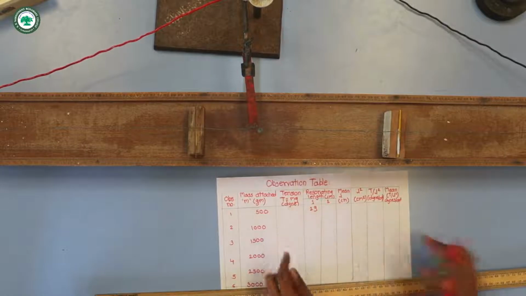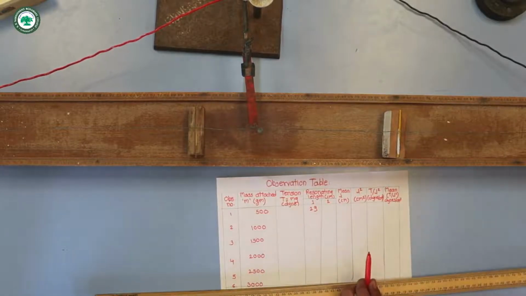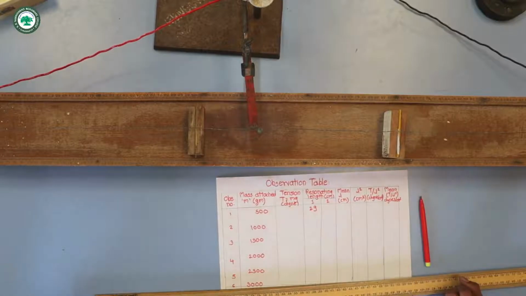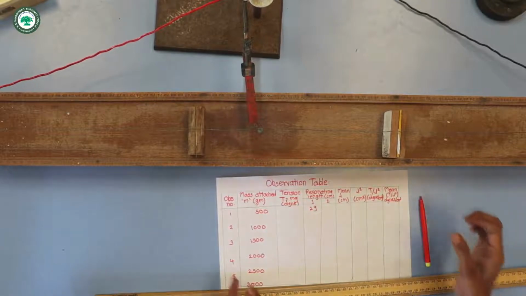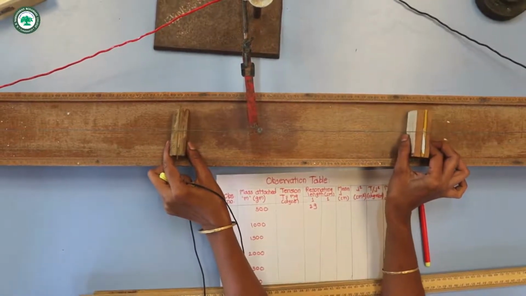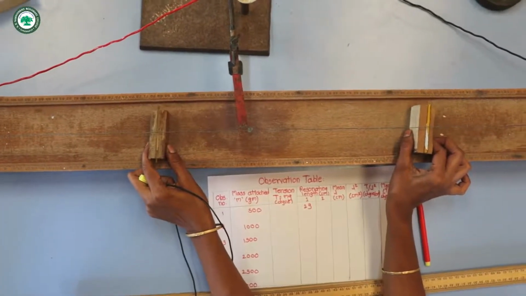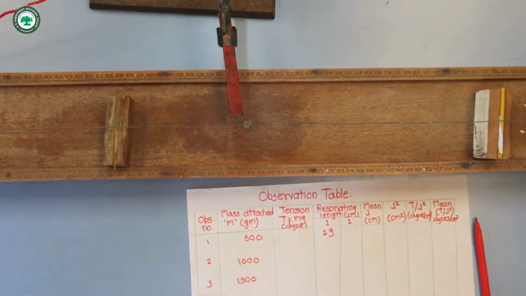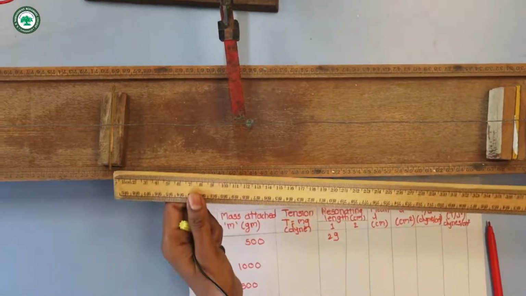By varying the weight, one will measure the resonating length of this wire again. I have attached here 1000 gram and I will observe the resonating length. So this is the length at which this copper wire just starts resonating.